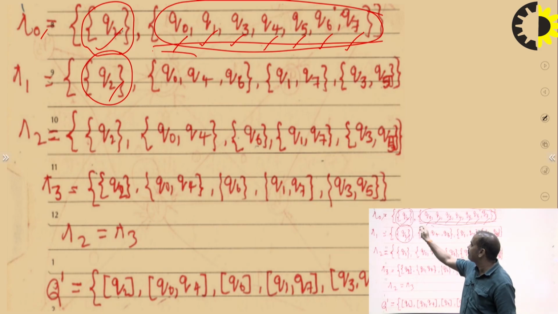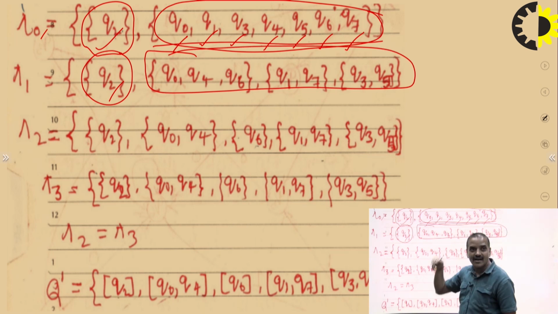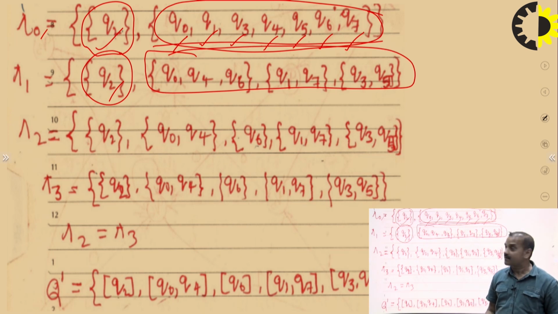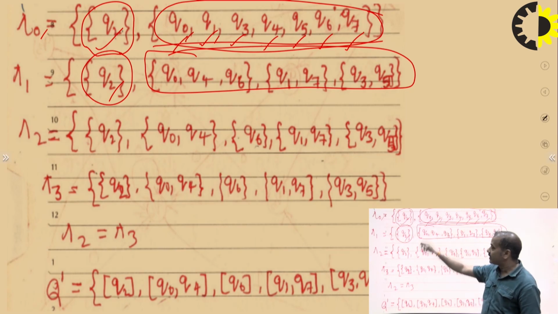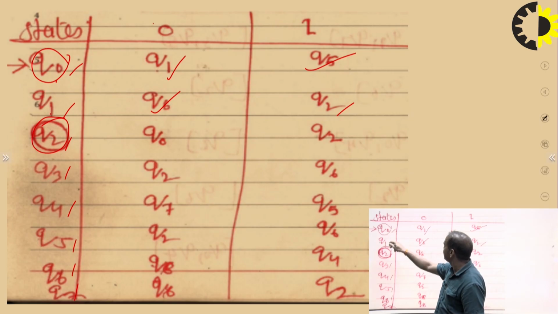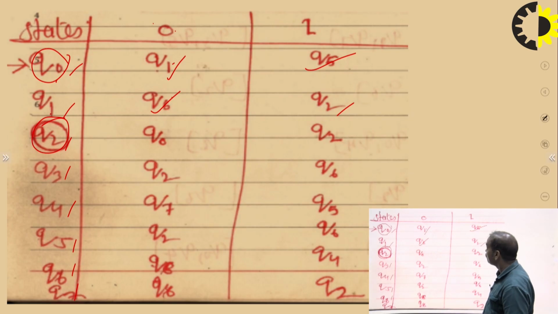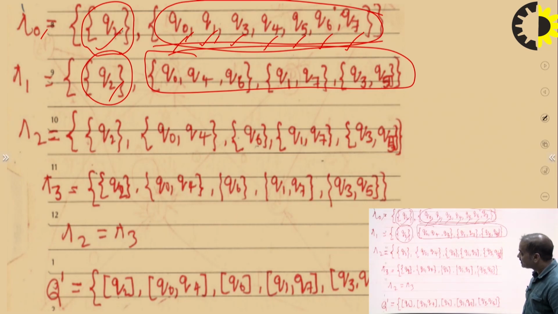Now check the other states, whether they stay together. Check Q0, Q1 using the table. For input 0, we get Q1 and Q6, which are in the same brace.